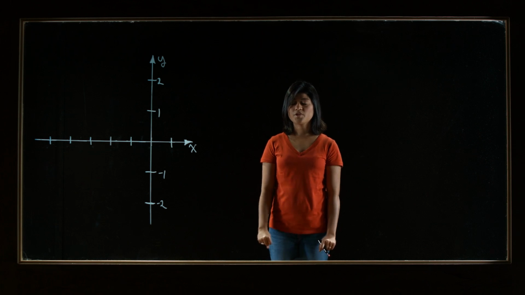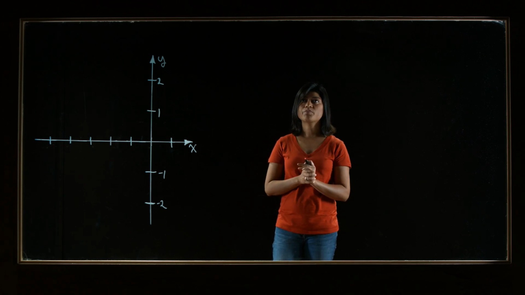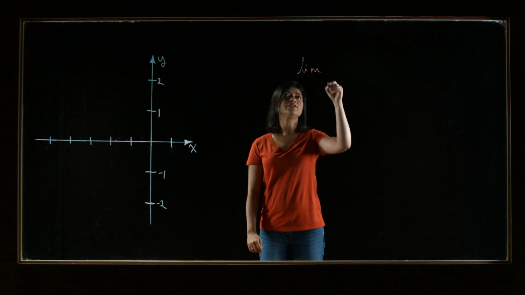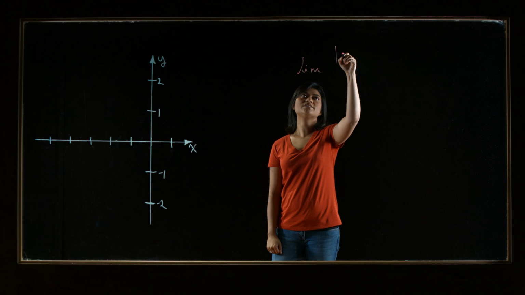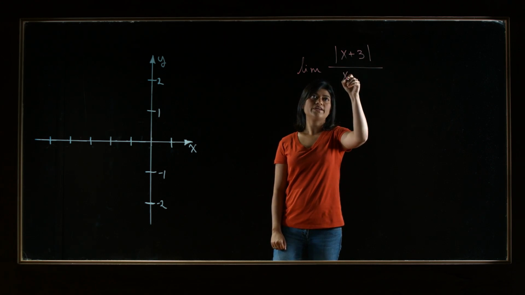In this problem, we have to evaluate two different limits of the function. Let me write it down. We have to evaluate the limit of the function, and the function is absolute value of x plus 3 over x plus 3.